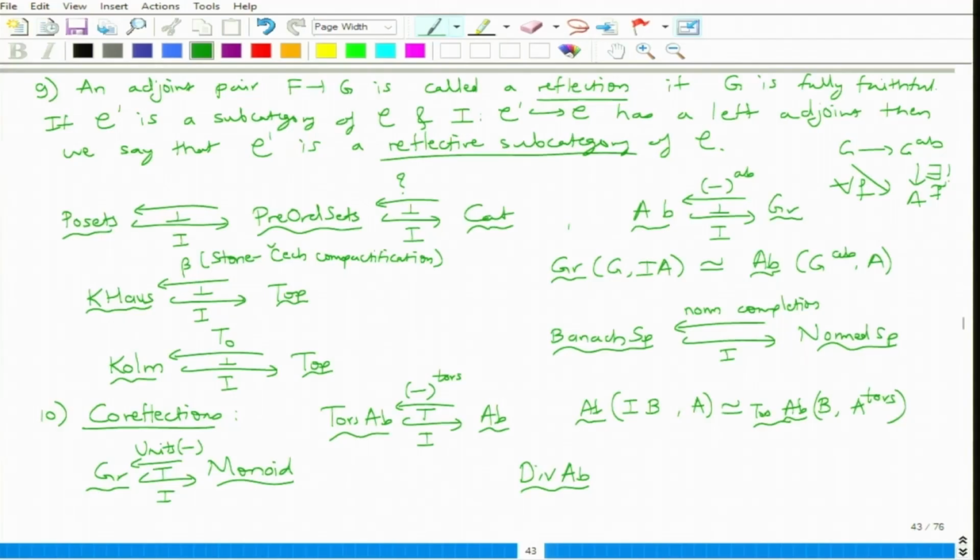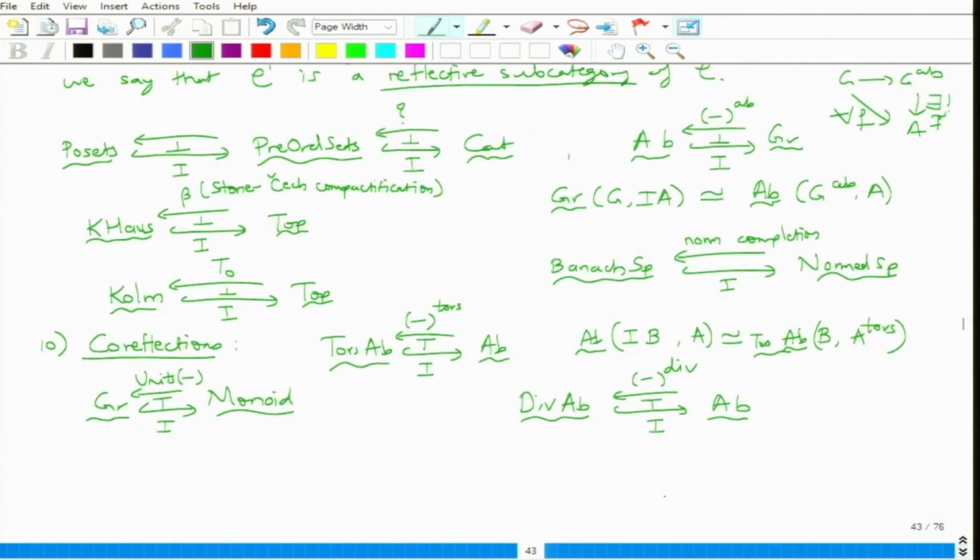But rational numbers are divisible. Any number can be divided by any positive natural number. So divisible abelian groups and abelian groups, the same story, and you again have to map to all the divisible elements. Okay, so these are some examples of co-reflections.